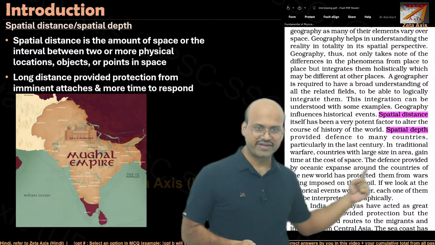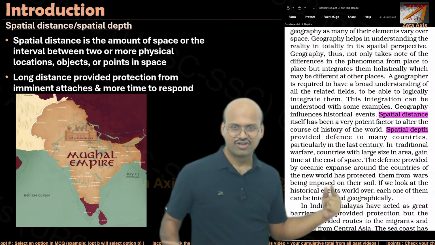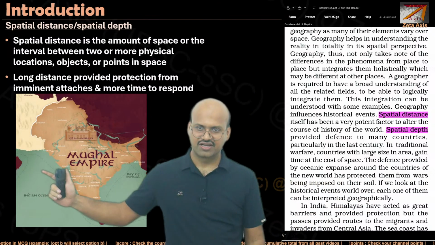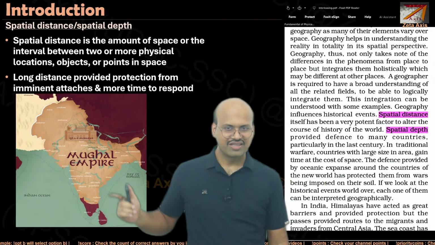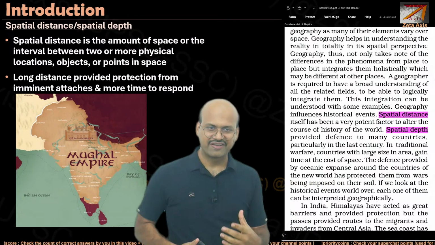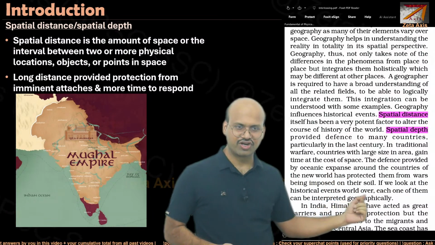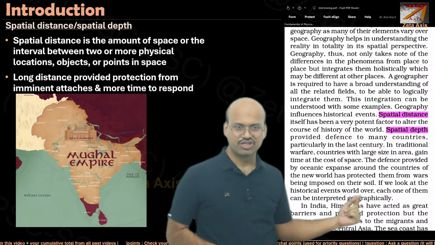The defense provided by oceanic expanse around the countries of the New World has protected them from wars. Because we have these oceans on the southern side, there have been no wars over here. Even the Himalayas are a very good defense. If you look at the historical events world over, each of them can be interpreted geographically.